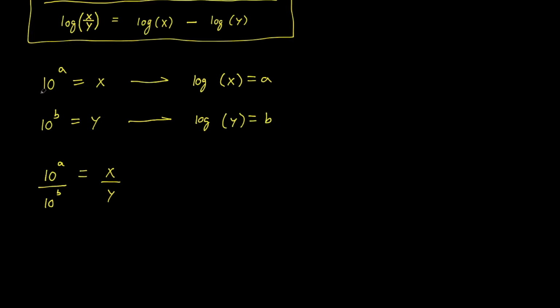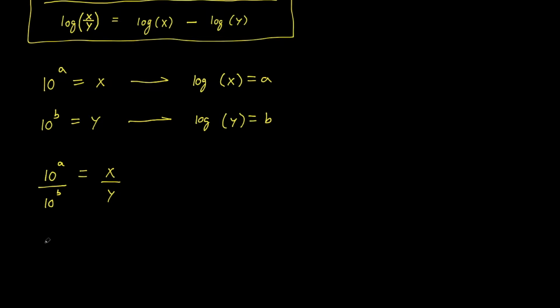And that's fine to do because it's the same thing as if we had, say, 10 to the a equals 3, so x equals 3, and say 10 to the b equaled 5, and y equaled 5. Then that would be 3 over 5 equals 3 over 5. That's the same thing. We have 10 to the a power over 10 to the b equals x over y, and that's fine.